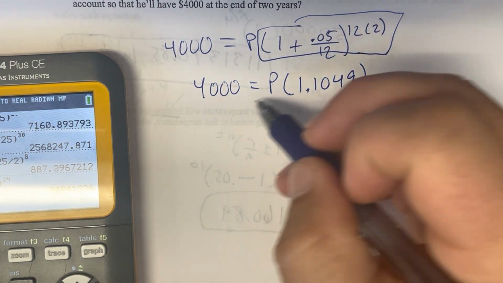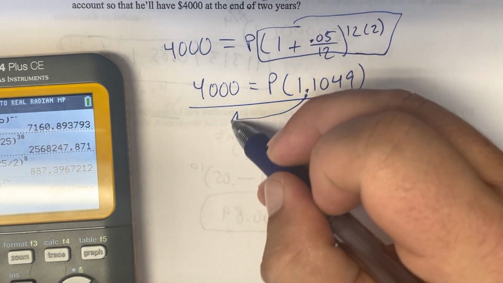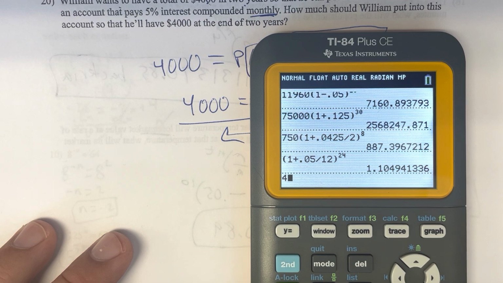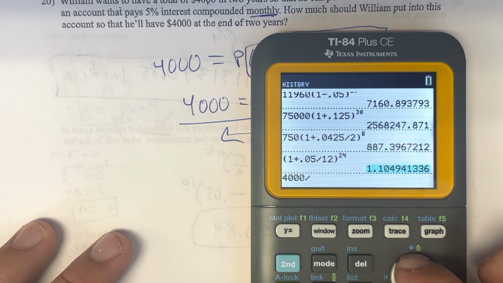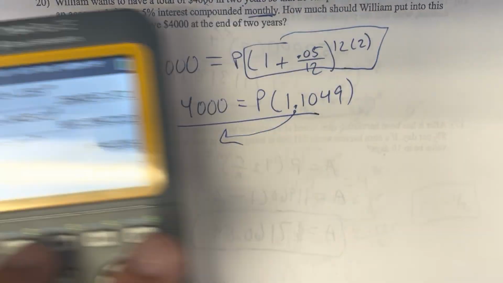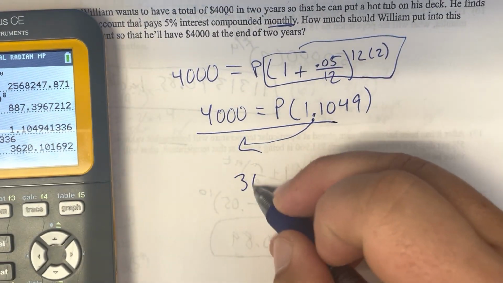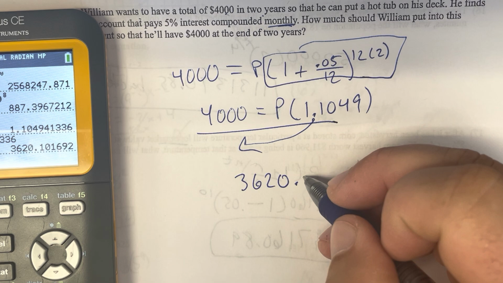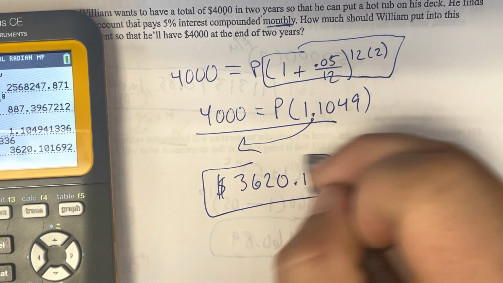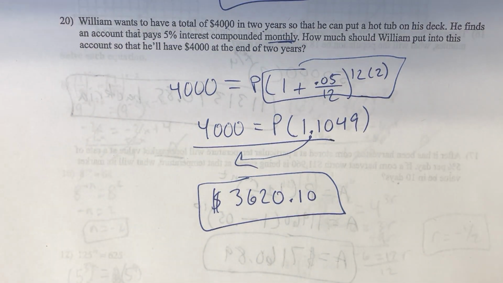And then to get the P by itself, we're going to divide both sides by that 1.049. So the easiest way to not round, in our calculator we're going to take the 4,000 and we're going to divide by, and we'll copy and paste that down by highlighting it and pressing enter. It'll bring it down, and so we need to invest at least $3,620.10 to get about that $4,000.